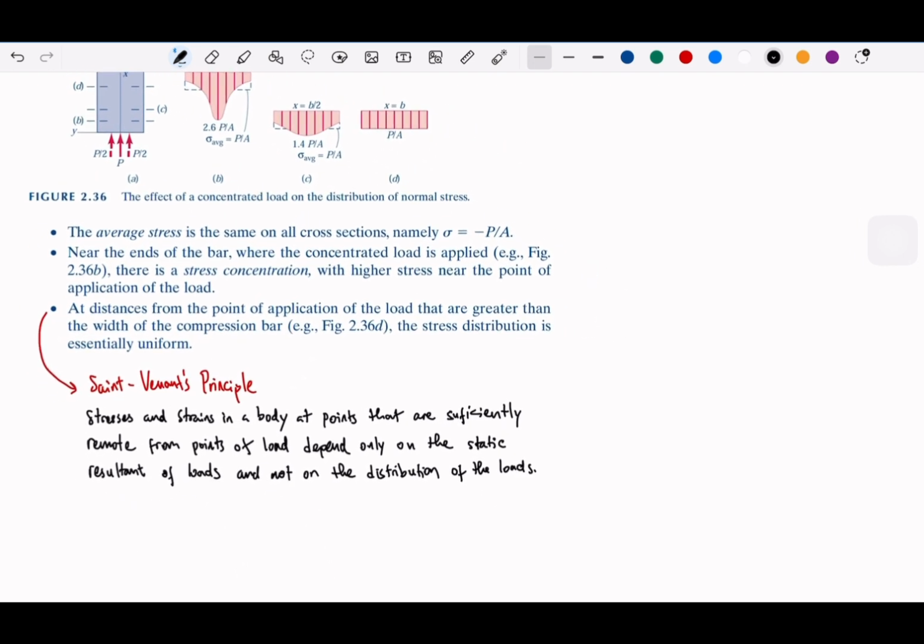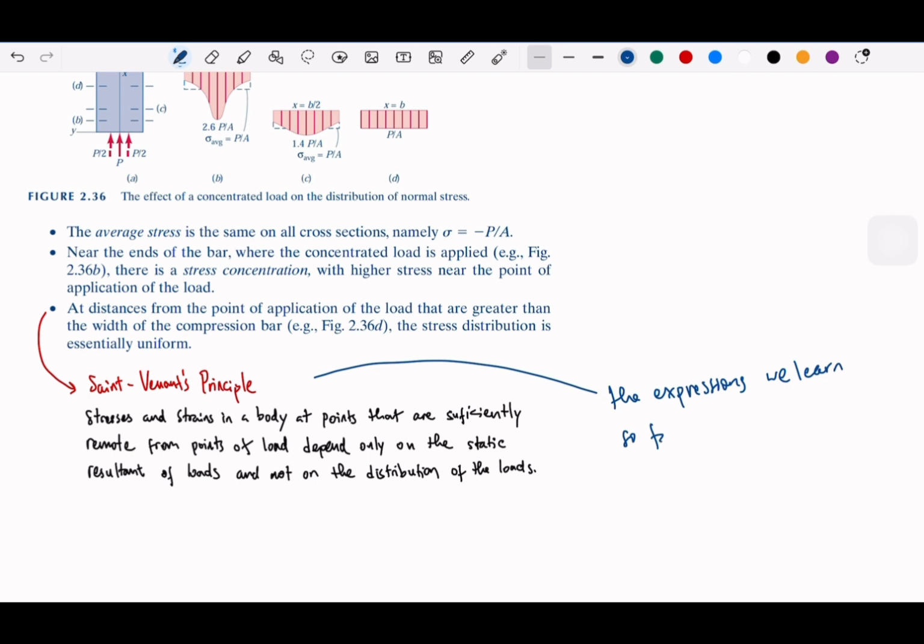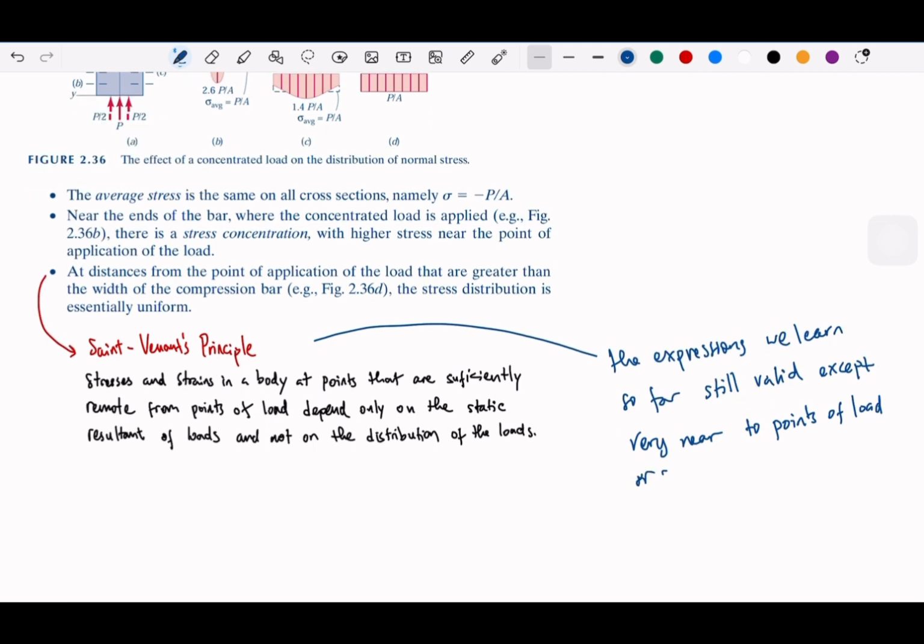So here, the expressions we learn so far are still valid, except very near to points of load or support.